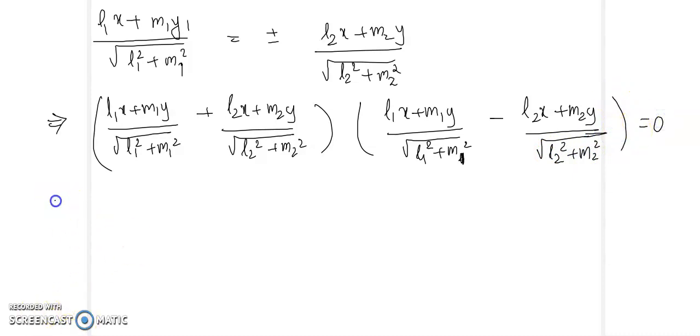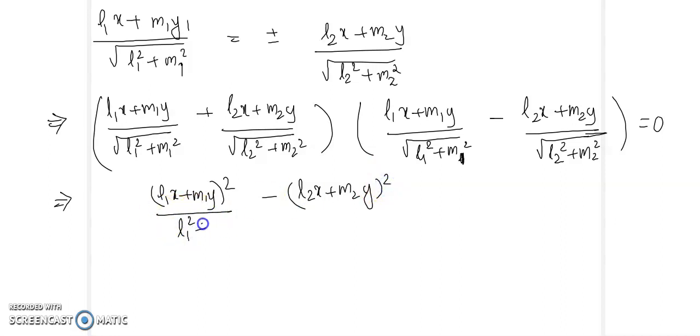Multiplying this, it will be in A square minus B square form. So L1x plus M1y whole square minus L2x plus M2y whole square by L1 square plus M1 square, then L2 square plus M2 square equal to 0.